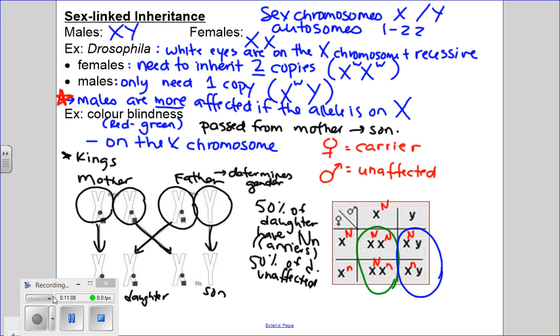For the sons, I would say 50% of their sons are unaffected, and 50% of any possible sons they have would be colorblind.